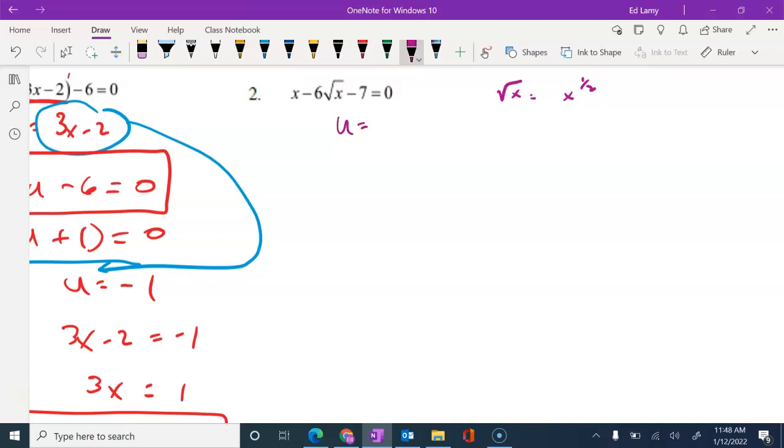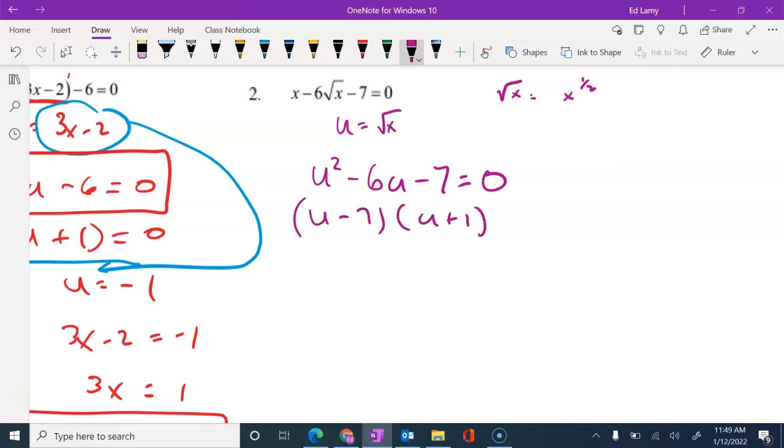Let u be the square root of x and rewrite it in terms of u. So the first term would be u squared, the next term would be 6u, and the next term would be minus 7 equals 0. That solves rather easily: u minus 7 and u plus 1.